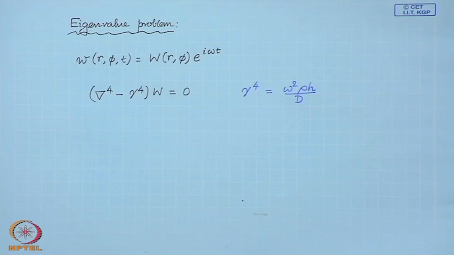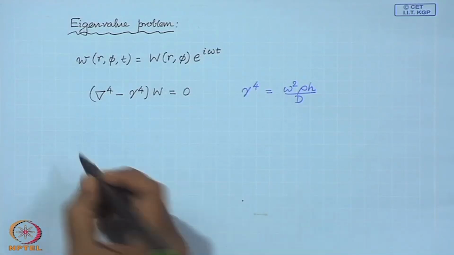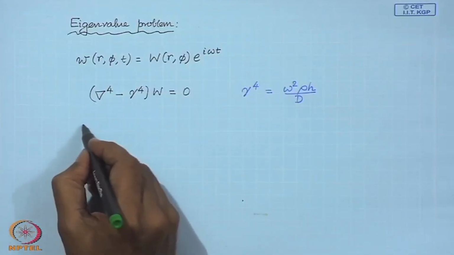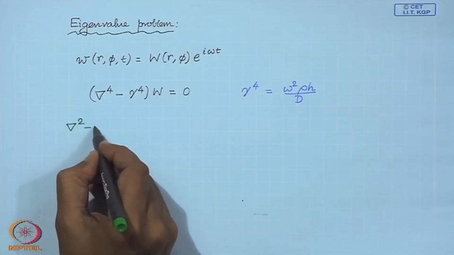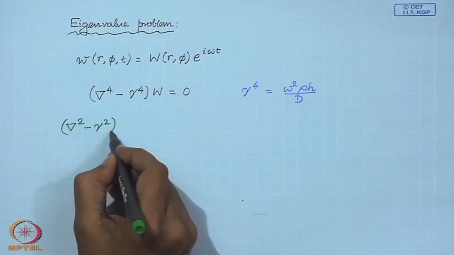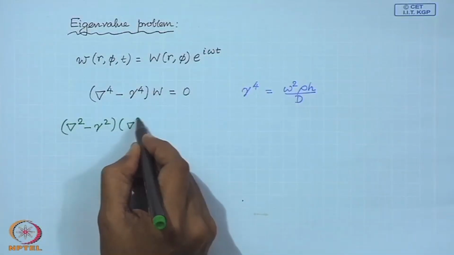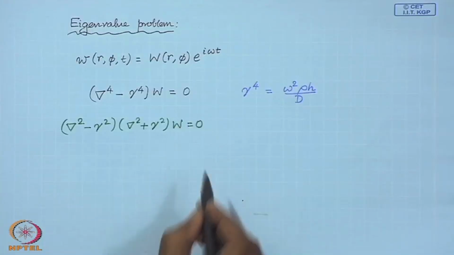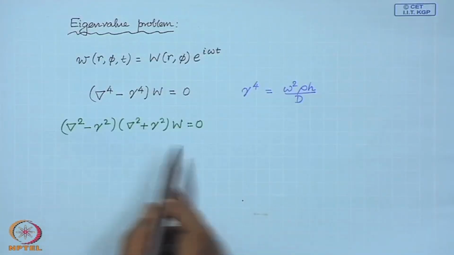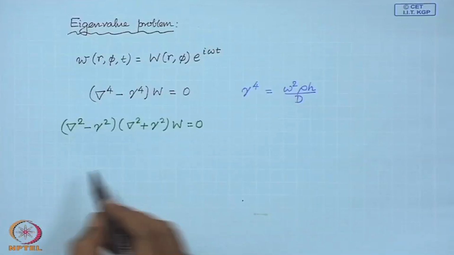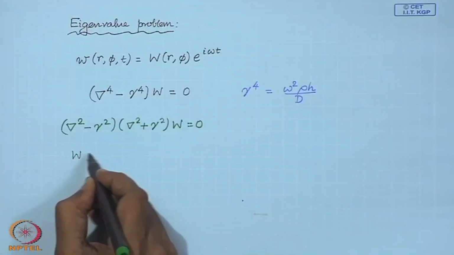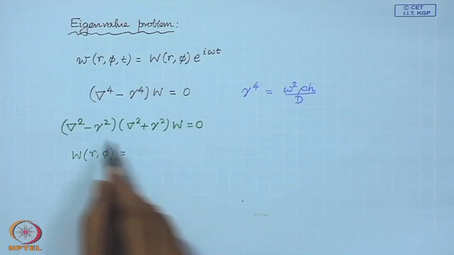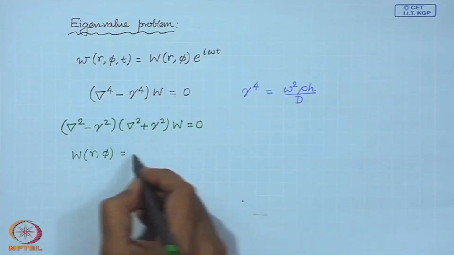Now, let us look. This can again be decomposed, as we had done for the rectangular plate. We try a solution again separable in r and phi.